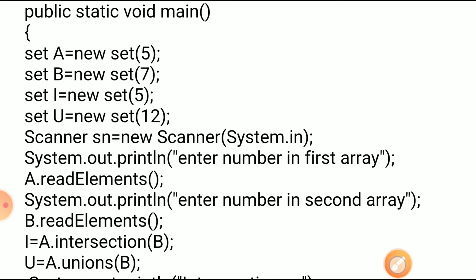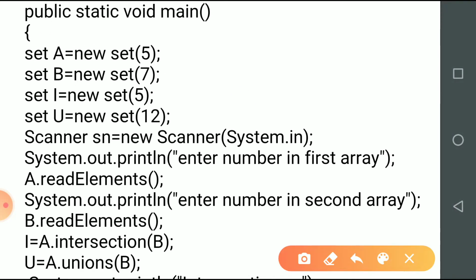Alright. So now we have called the A dot read element function to input the elements for the object A.